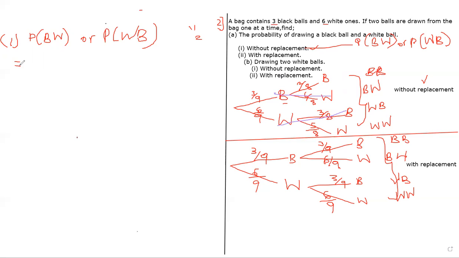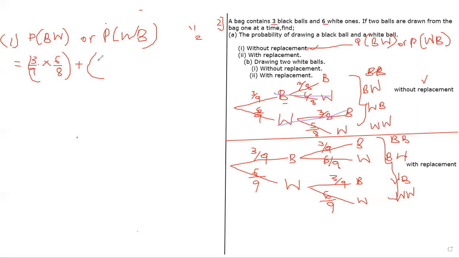So the probability of drawing black first is 3/9, and then white becomes 6/8, because the population has reduced. Then "or" simply means you add.